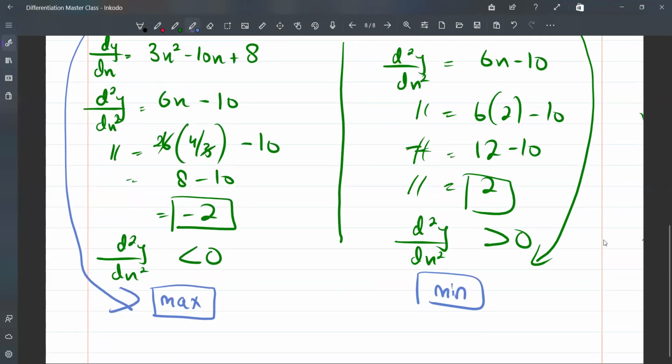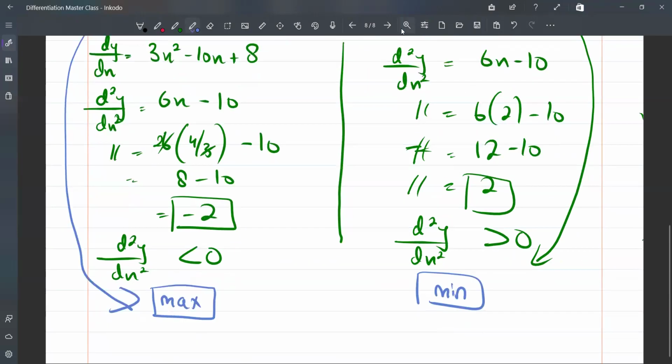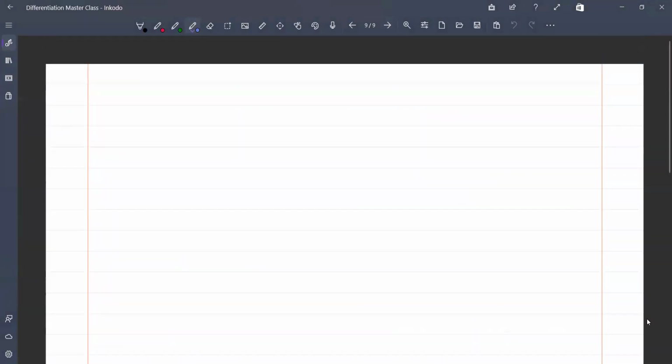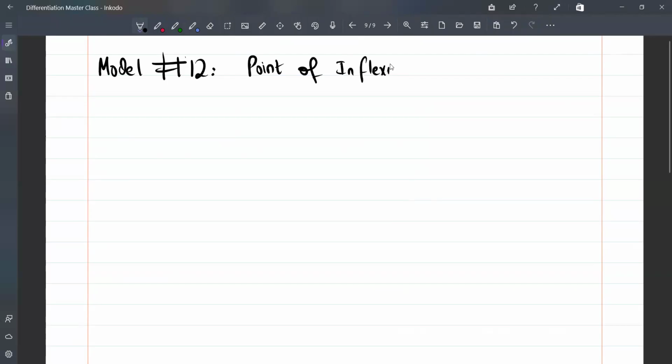So now let's move on to model number 12. The point of inflection.